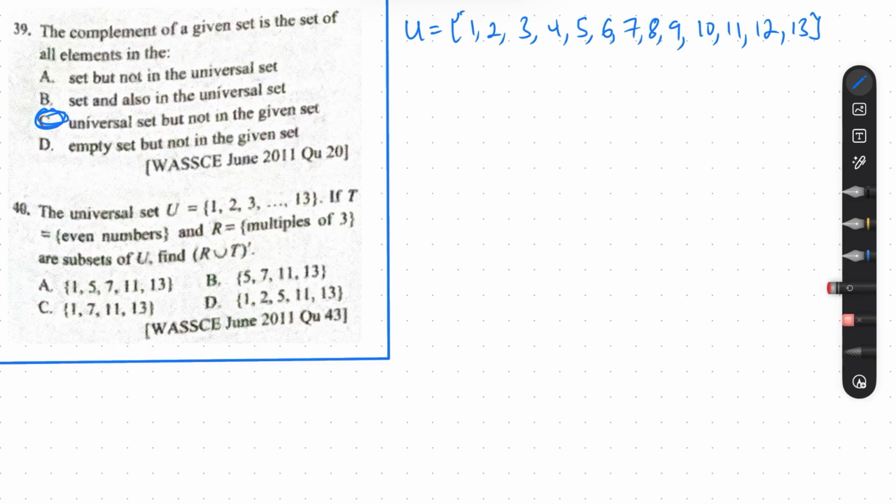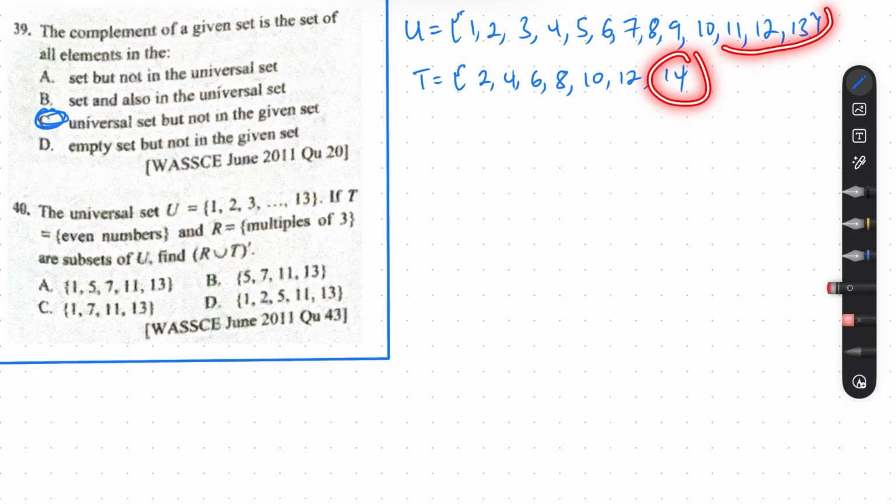But then these even numbers, they are a subset of U. So all the even numbers we're going to write should be a subset of U. Okay, so T needs to start from 2, 4, 6, 8, 10, 12. Can we add 14? No, we can't add 14 because 14 is not in the universal set. Cool. So that's where we end our set.